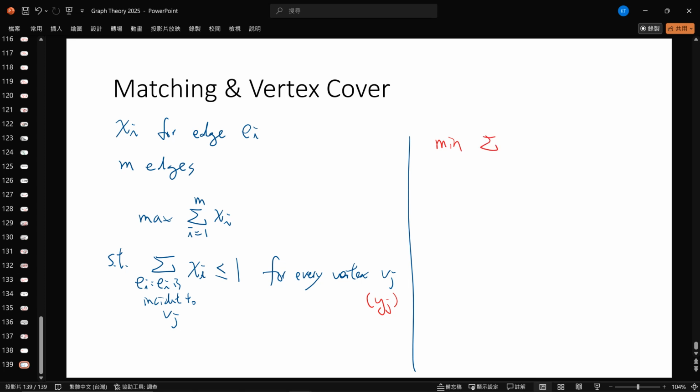Let's say we have n vertices, so this means we have n dual variables. Because the right-hand side is just 1 for every constraint, the objective function is just the sum of all the variables.